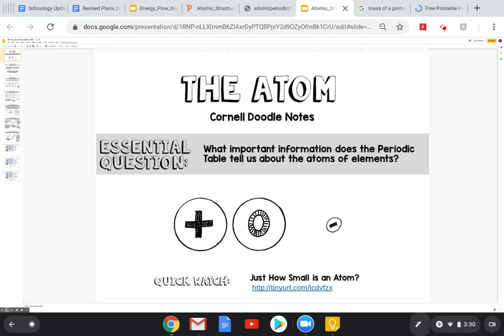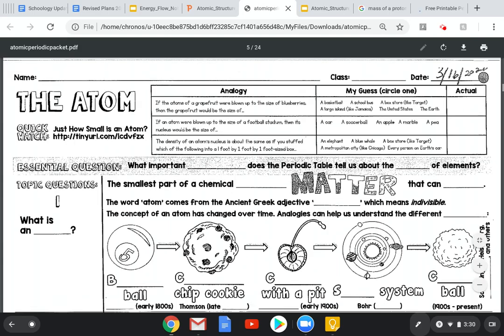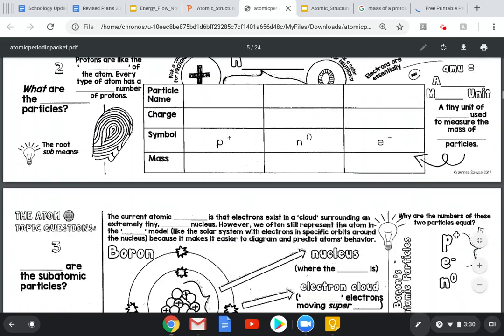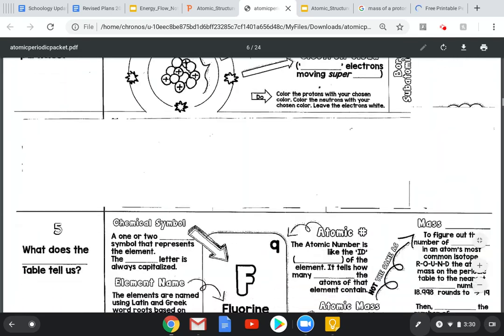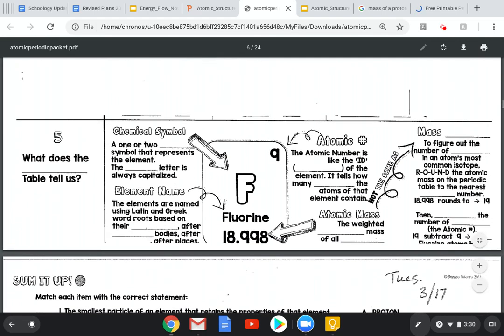Let's talk about the atom. I'm gonna bounce back and forth, just so you know. This is what your notes should look like. This is kind of what we're going to cover: this page called the atom, and all the way down, including this blank space, will be at the very end. There'll be some problems for you to practice, all the way down to the end where you see this fluorine here.